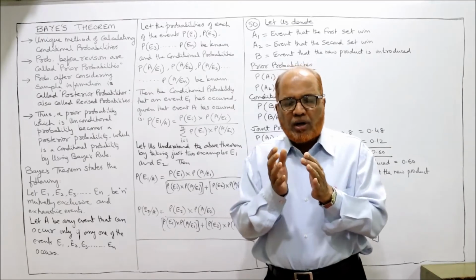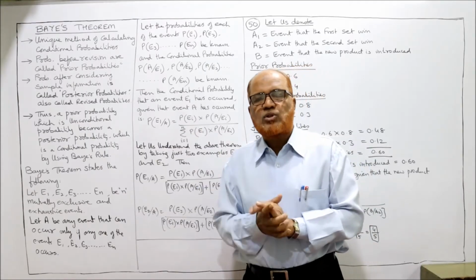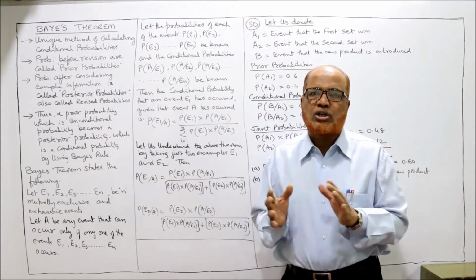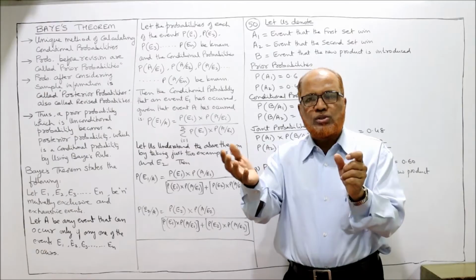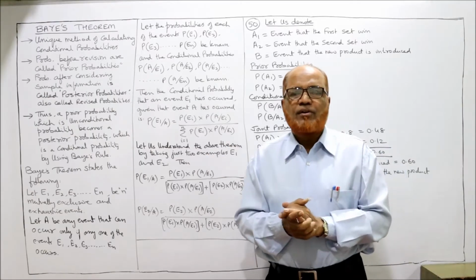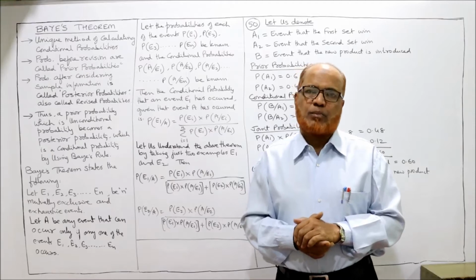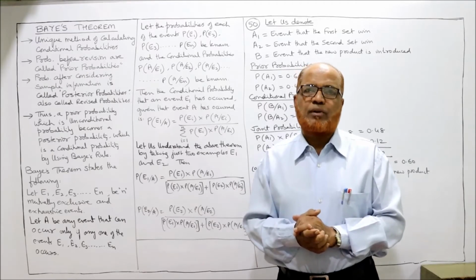Before using the additional information, the probability which we calculate is called prior probability or unconditional probability. By using this unconditional probability and by using additional information, we convert this prior probability into revised probability. That revised probability is called posterior probability.